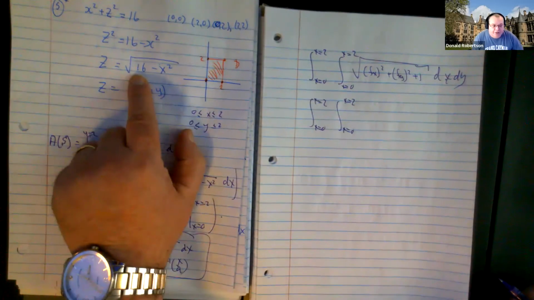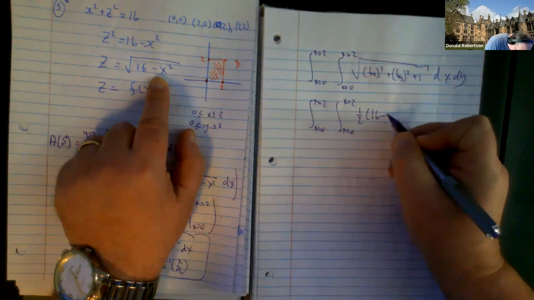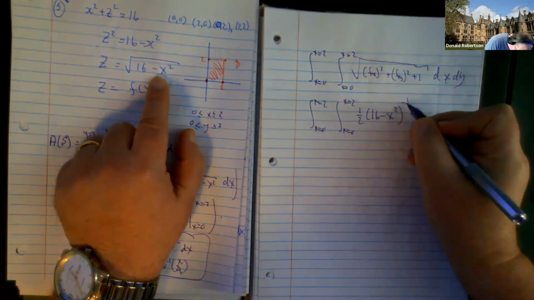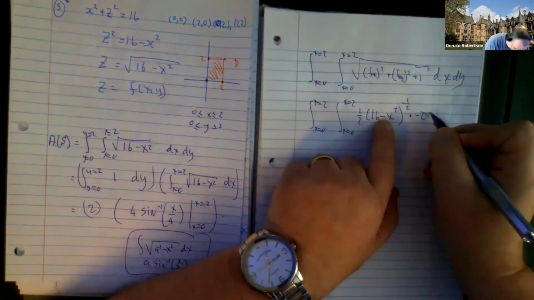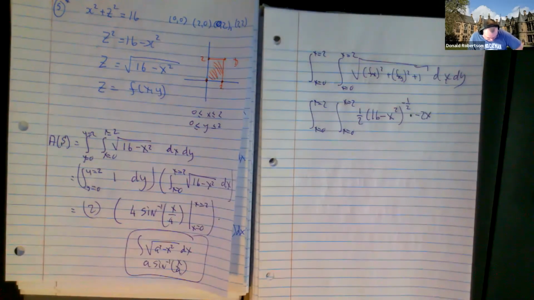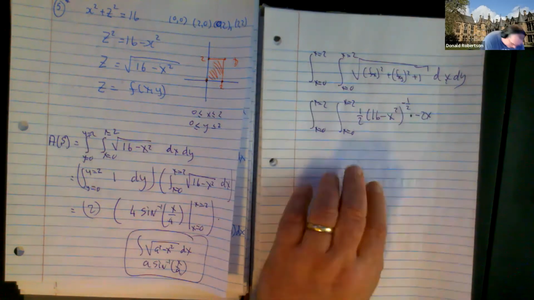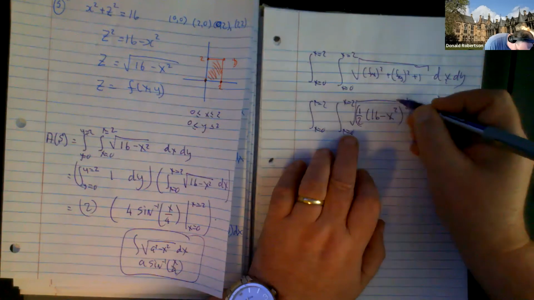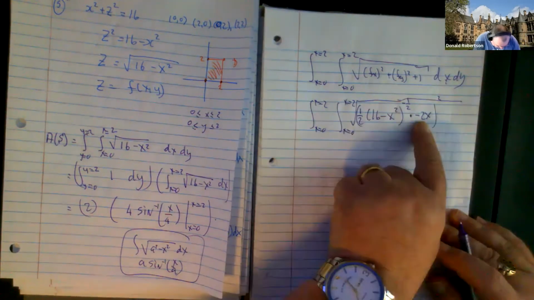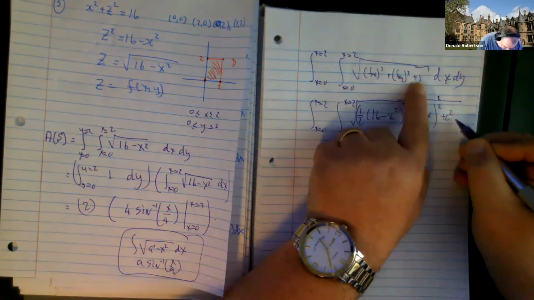If you differentiate this guy, you will get 1/2 times 16 minus x squared to the negative 1/2 times negative 2x. Are you happy about what that derivative looks like? This guy. Then you stick it in some brackets and you square it. So that guy, squared. That guy is nothing, and that guy is 1.